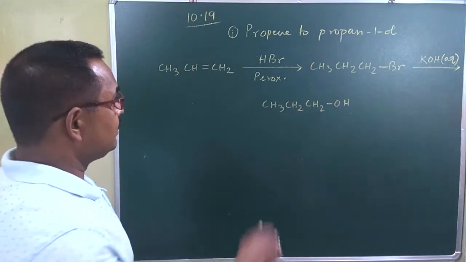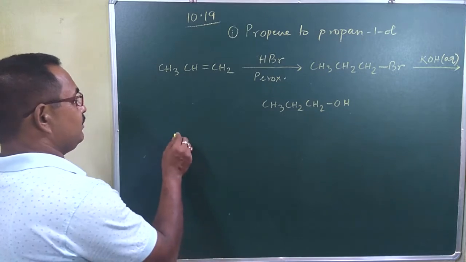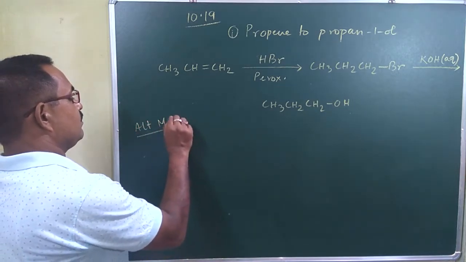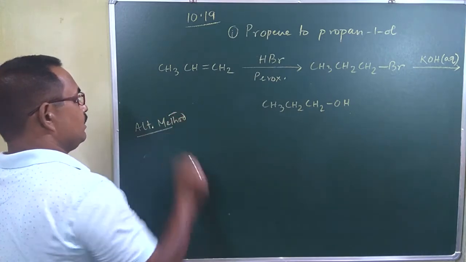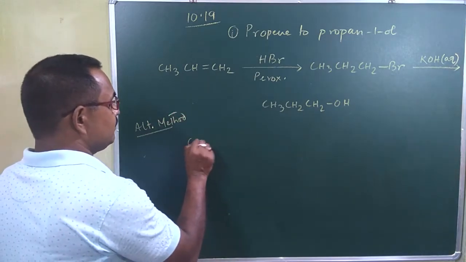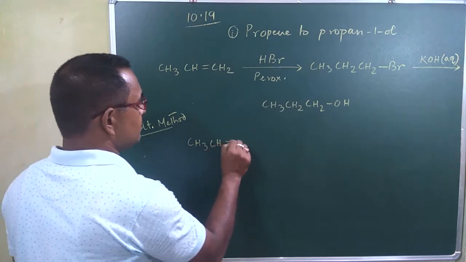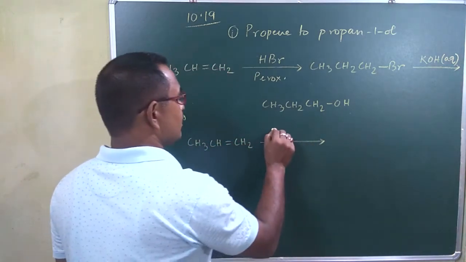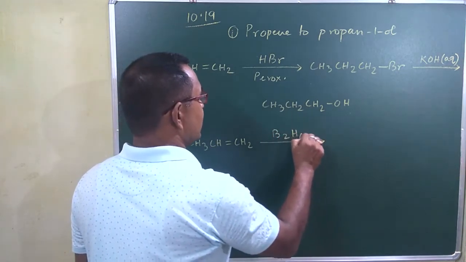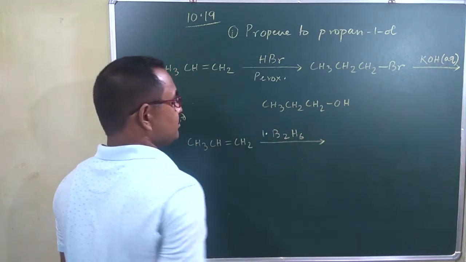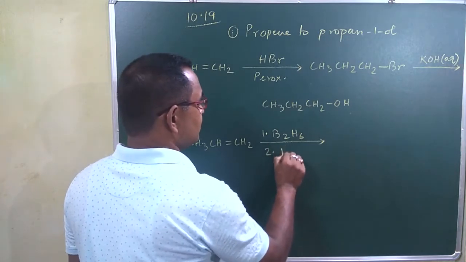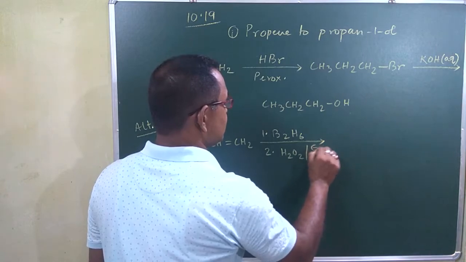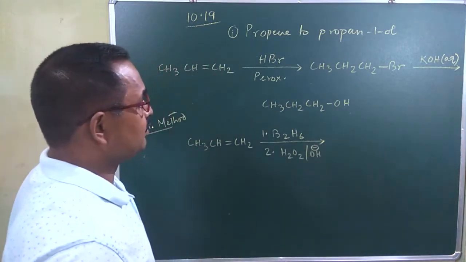Okay. There is another alternative method. In that method, what is done? Propene is treated with diborane in the first step, and in the second step, it is oxidized by alkaline hydrogen peroxide.